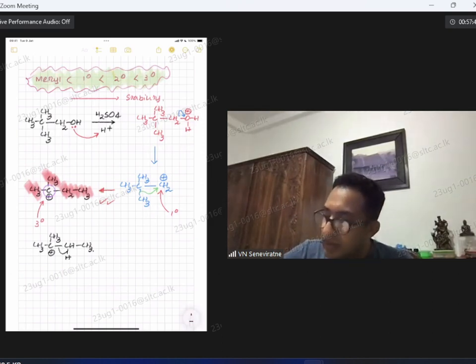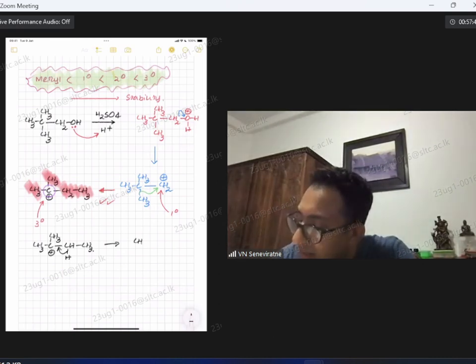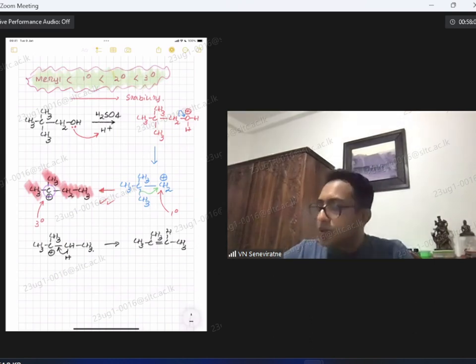So that hydrogen is removed, OH removed earlier, and you get a new molecule. So what is this called? This is called a rearrangement.